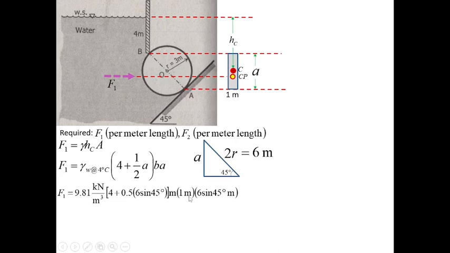And then, BA, no? B is 1 meter, A is 6 sine 45 degrees. So, we will get an answer of 254.8 kilonewtons. So, that is per meter length. Kada meter length, merong 254.8 kilonewton.